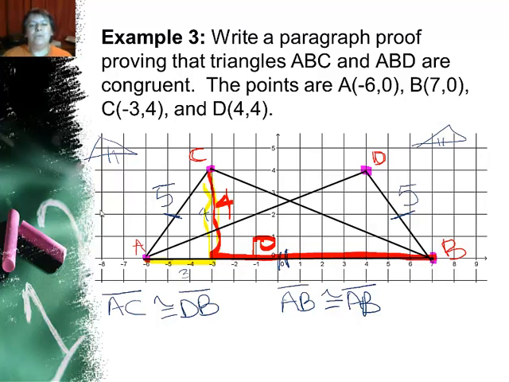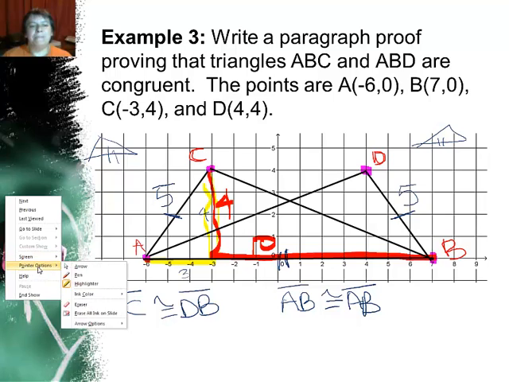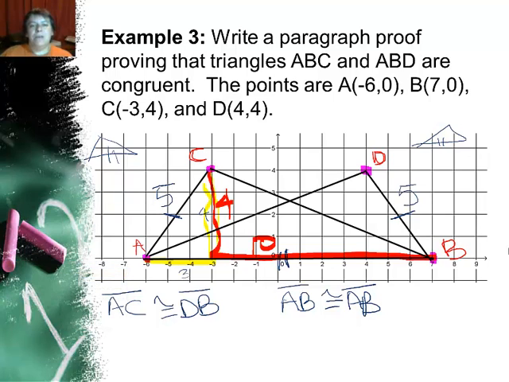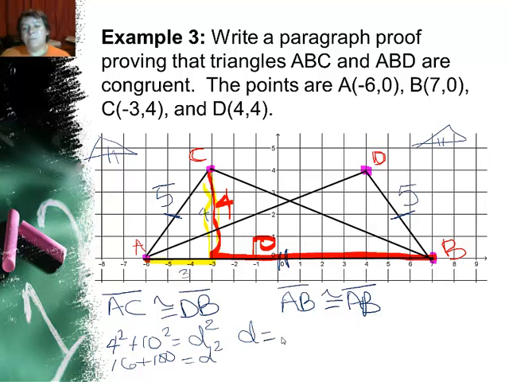So 4 squared, let me go ahead and get my pen. 4 squared plus 10 squared equals, and I'll just say d for distance squared. All right, so I've got 16 plus 100. So d squared is 116, or square root of 116.